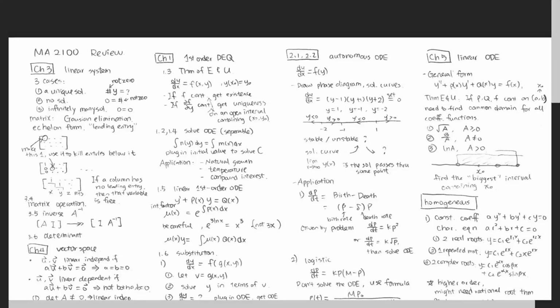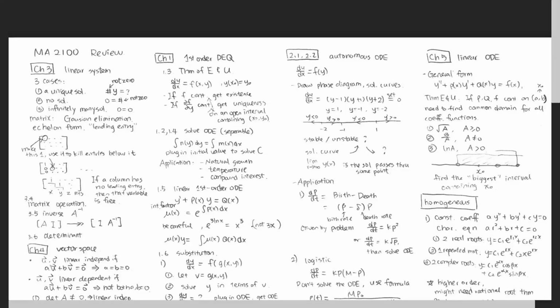Okay, if f is continuous, but partial f, partial y is not continuous near the point, we say existence but not uniqueness is guaranteed by the theorem near the point x0, y0. If both of them are not continuous near the point x0, y0, we would say neither existence nor uniqueness is guaranteed near the point x0, y0.